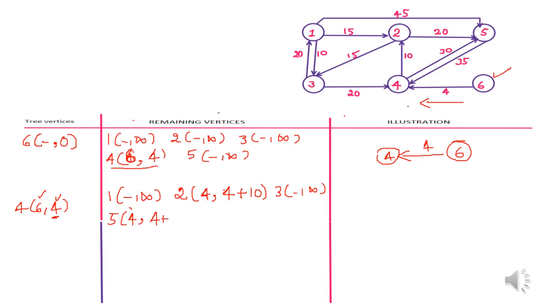There is an edge, and its distance is 30. So you can see now we have got a path to 5 via 4, like this: 6 to 4, 4 to 5. Now which is the minimum distance among this? That is this 2 giving you minimum distance. Let's add 2 into the tree vertices.